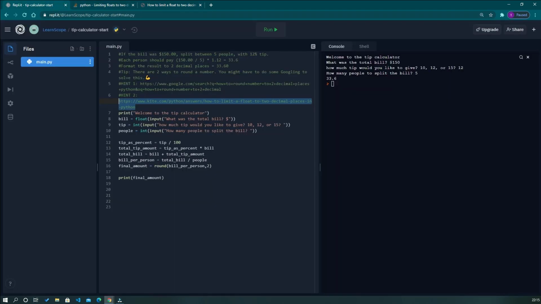Okay, let me finish the sentence. Print: each person should pay. We can use an F string, something I was taught in the lesson.